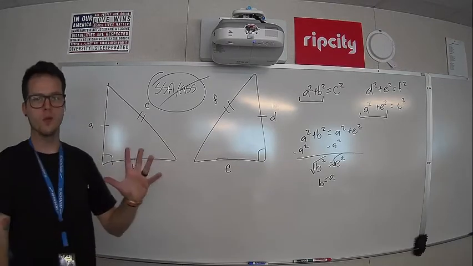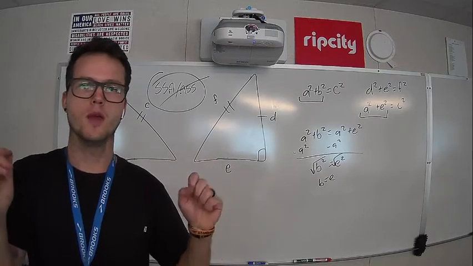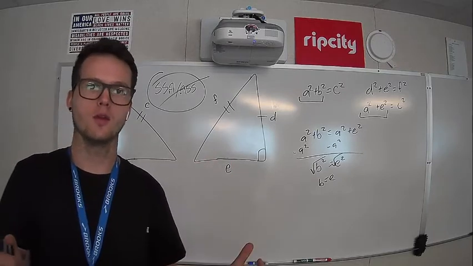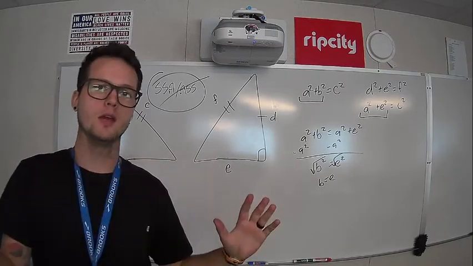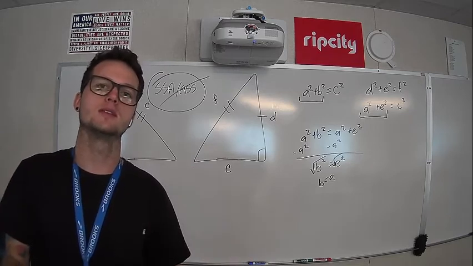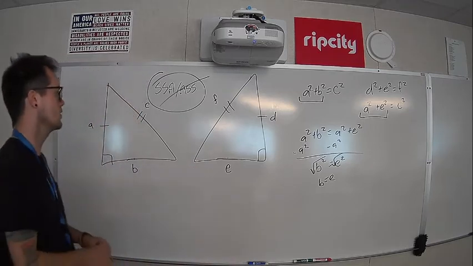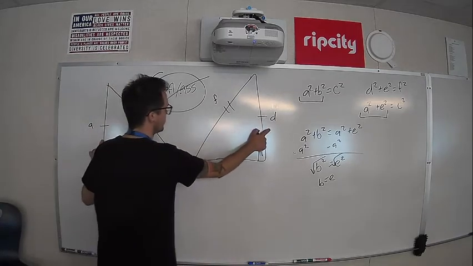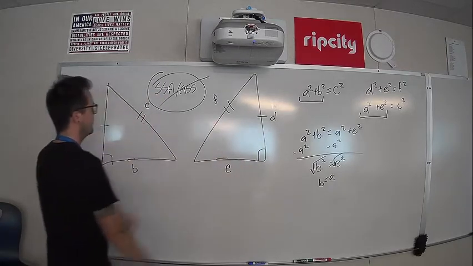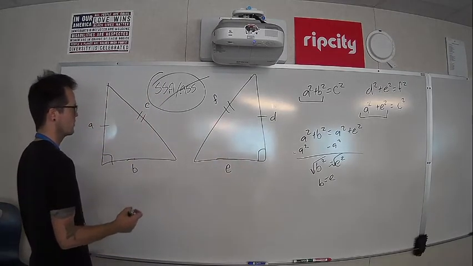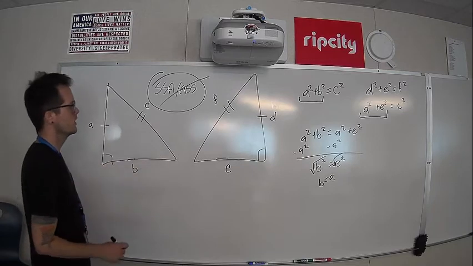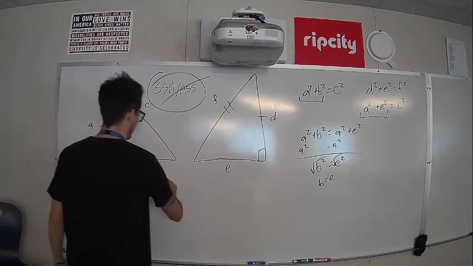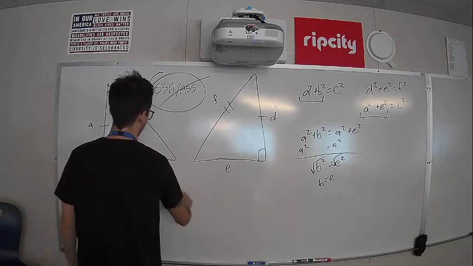So this only works when you have a right triangle, or a pair of right triangles. If you don't have a pair of right triangles, you don't get to use this. But if you do have a pair of right triangles, and you have one pair of legs that's congruent, and the hypotenuse of each triangle that's congruent, you can say these two triangles are definitely congruent because of HL.